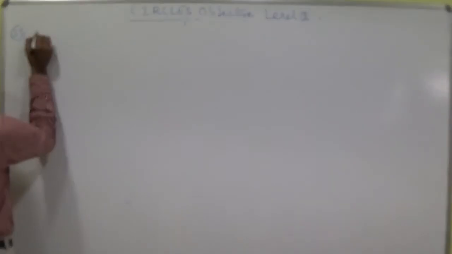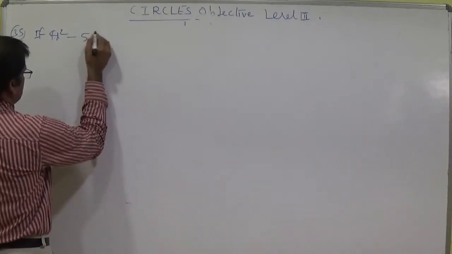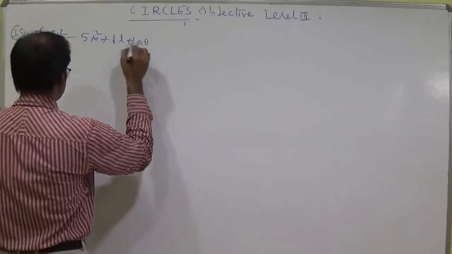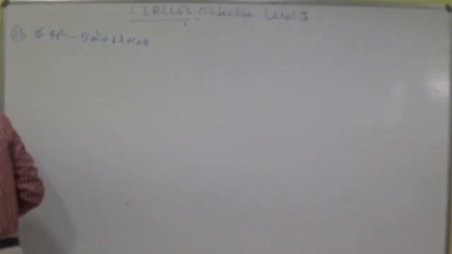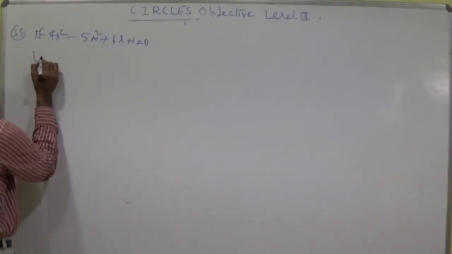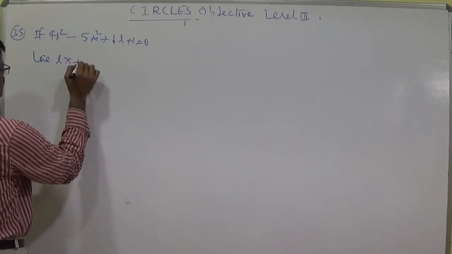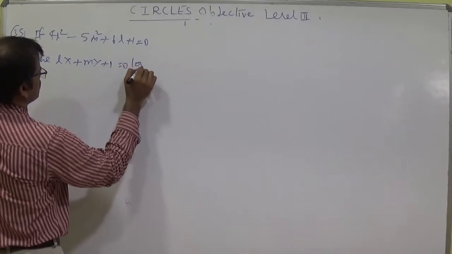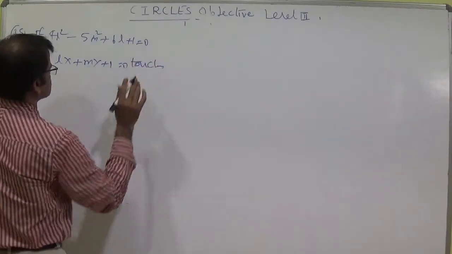Let ABC, given the condition, if 4l square minus 5m square plus 6l plus 1 equal to 0, then the line Lx plus My plus 1 equal to 0 touches the circle.